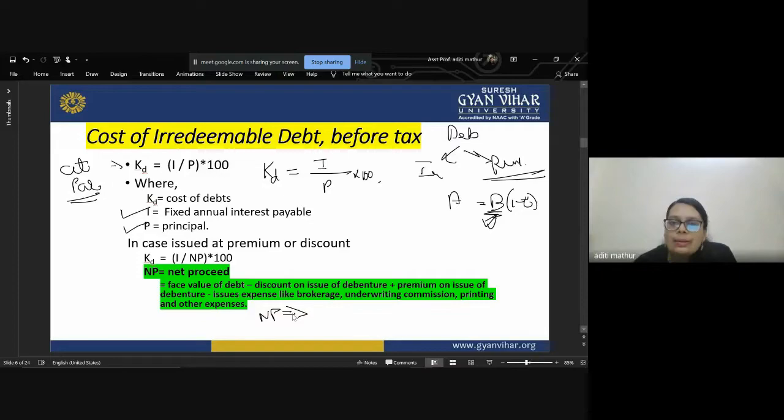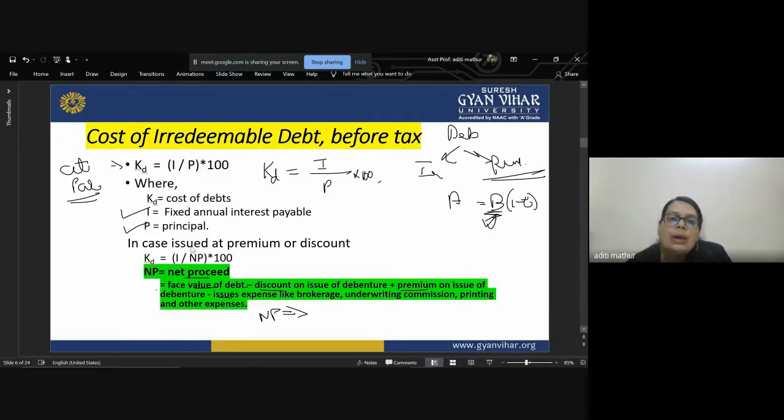So how to calculate net proceeds? Net proceeds is equal to the face value of the debenture minus discount or plus the premium amount, minus issue expenses like brokerage, underwriting commissions, or the printing and other expenses. And the final amount is your net proceed.